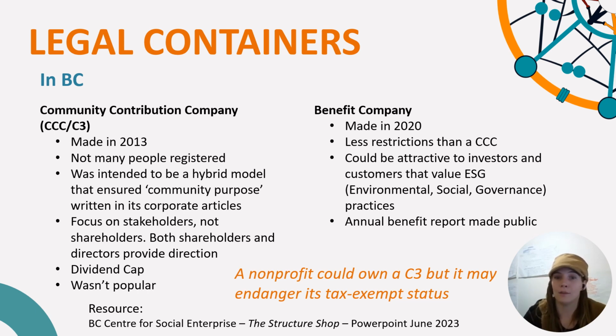And again, the reason for this is that investors, customers, and employees want more and more to see that companies are actually contributing to the world and to social problems. So having a benefit company might be strategically good for certain corporations.